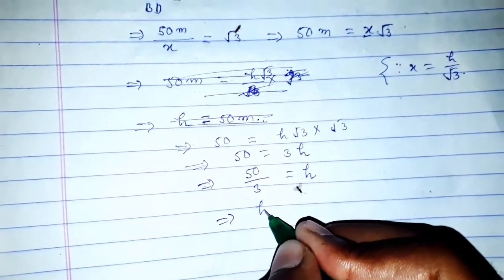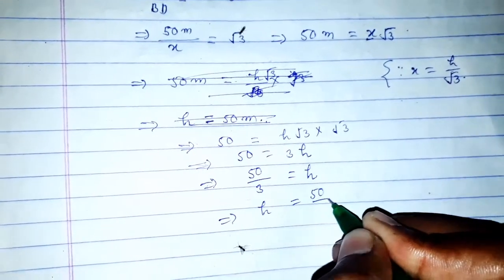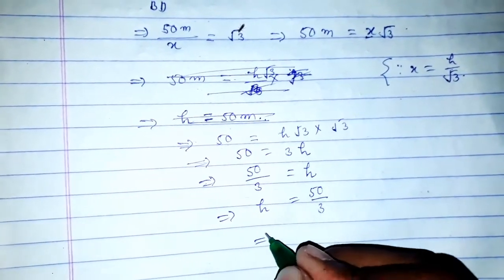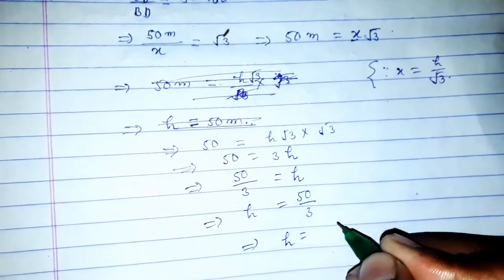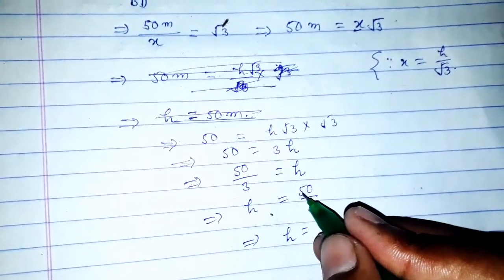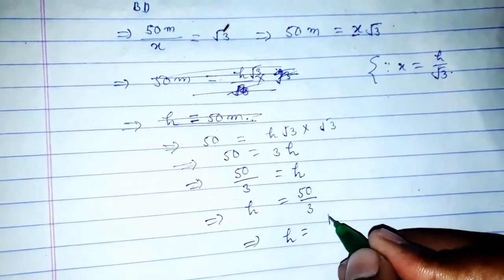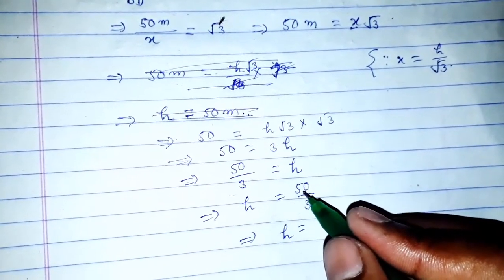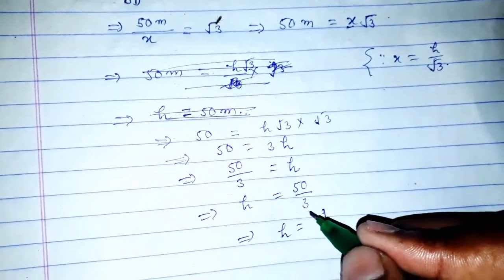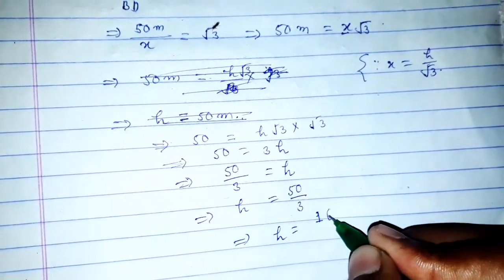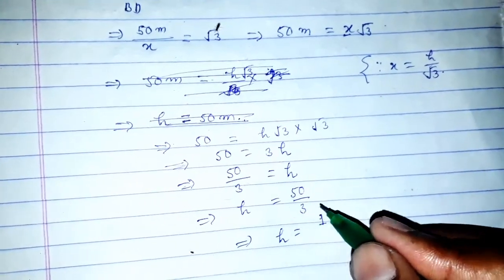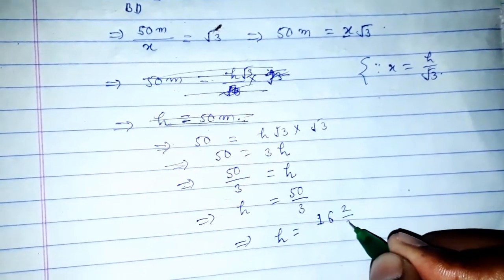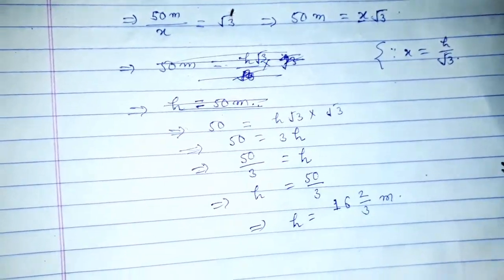If we divide the value here, 3 times 1 is 3, carry 2, 20, 3 sixes are 18, remainder is 2. So h is 16 and 2 upon 3 meter. This is the answer.